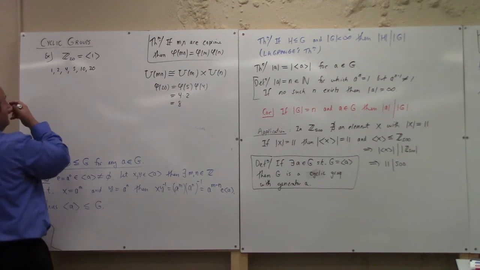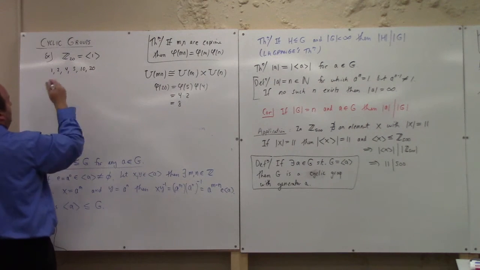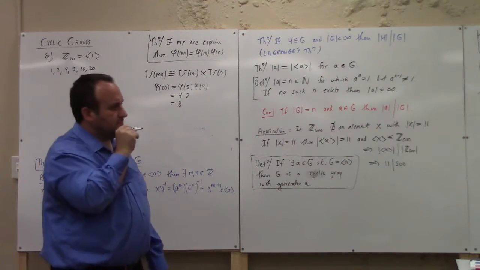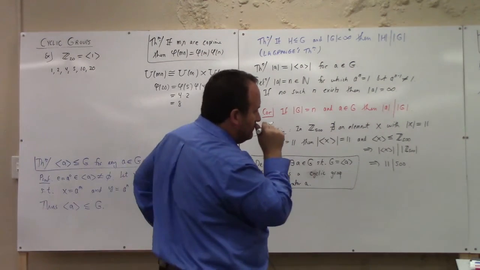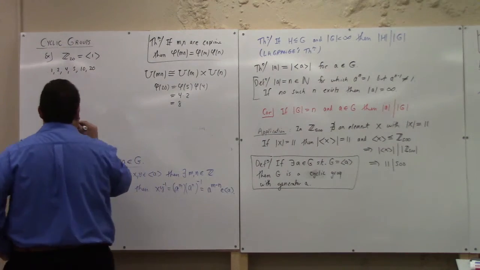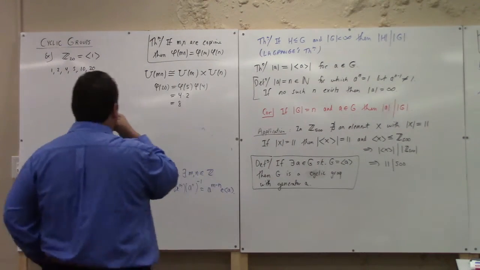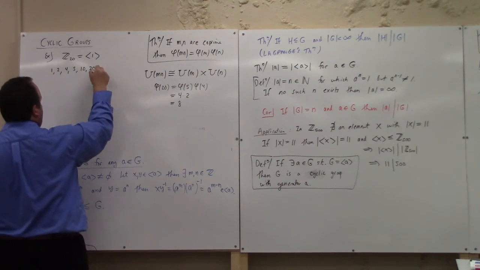And so, let's see here. Here n equals 20, right?